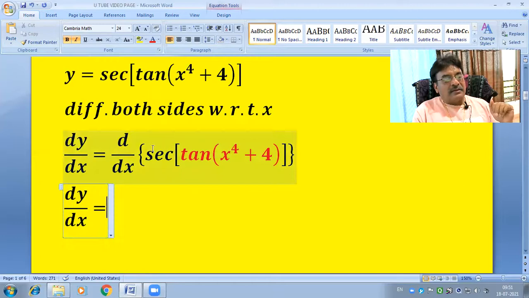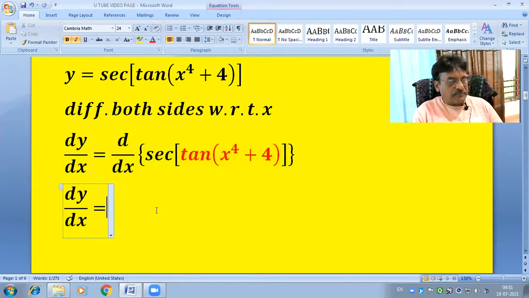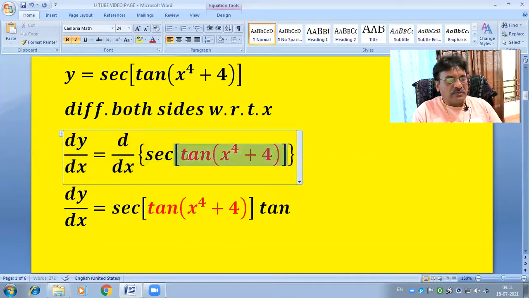So I write here the d/dx of sec of tan x to the power 4 plus 4: sec of f(x) into tan f(x), where f(x) is equal to this red color function.